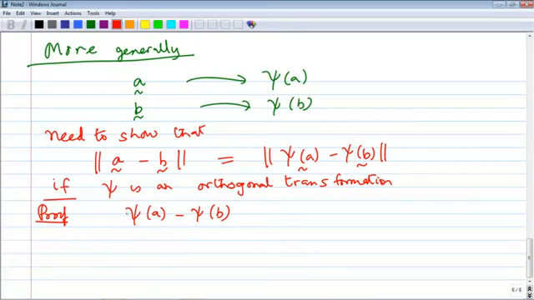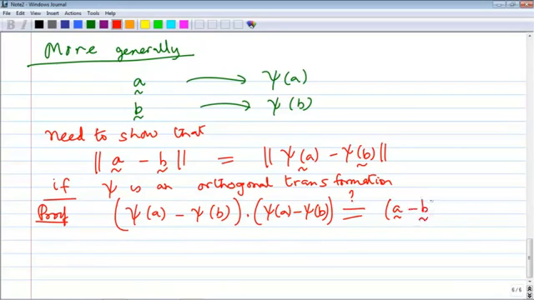So that's the length of psi A minus psi B, and the question is, is this equal to the length of A minus B?